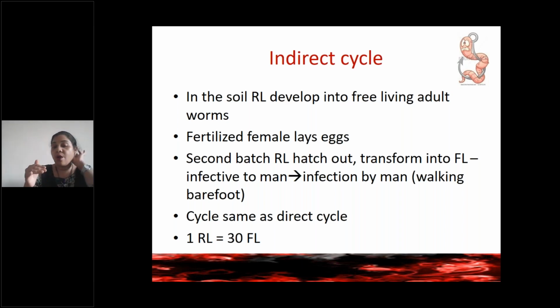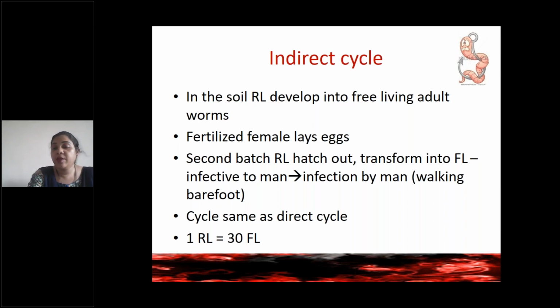And second batch of rhabditiform larva hatches out, and they transform into filariform larva, which is infective, and the cycle is repeated many times. So in the case of indirect cycle, one rhabditiform larva gives rise to many filariform larvae.